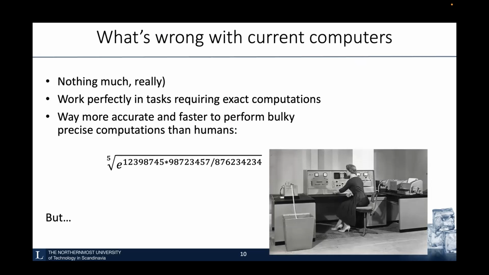So the computers that we have are built using von Neumann architecture, with a CPU and a memory and a bus in between, shuffling the data back and forth, computing and storing. Roughly speaking, they're very successful. I mean, it's a very obvious statement. Successful for extremely efficient exact computations.